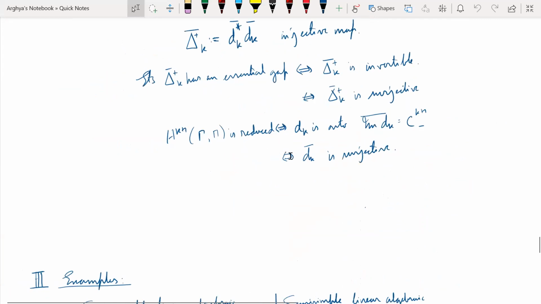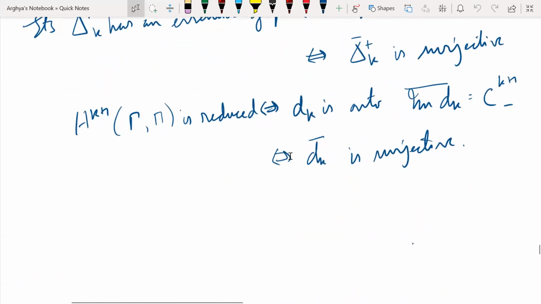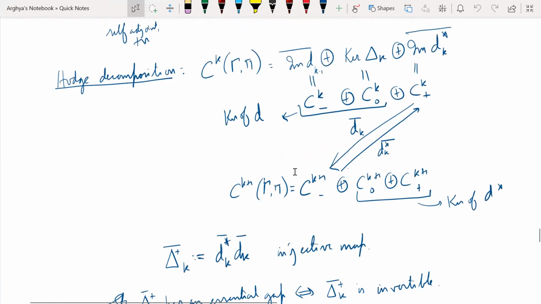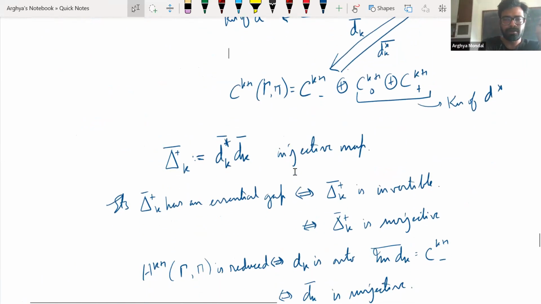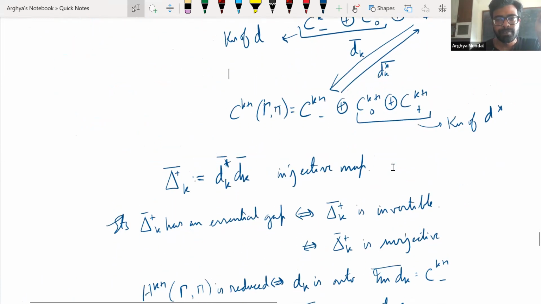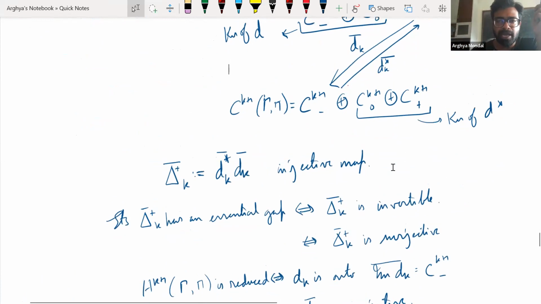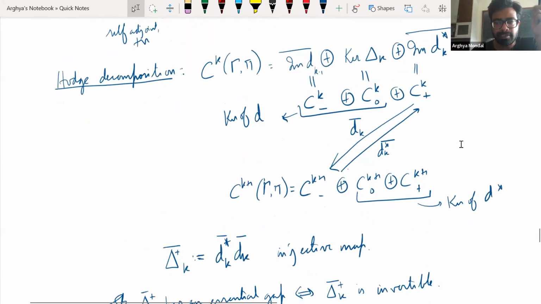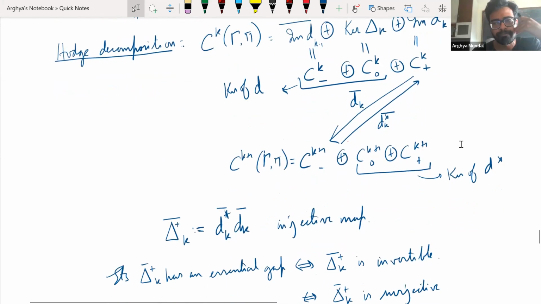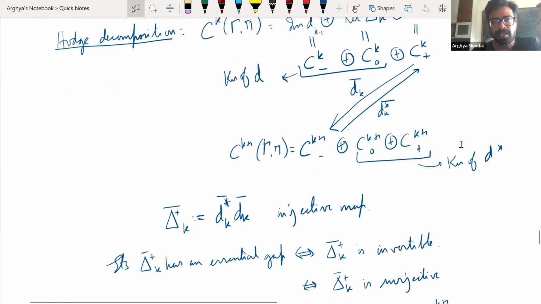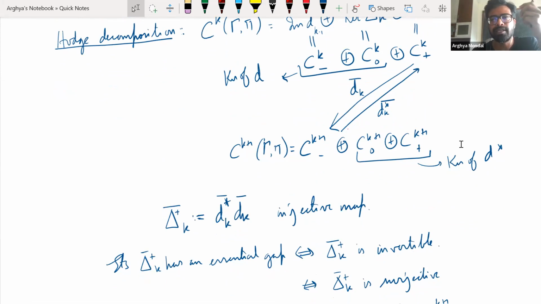Sorry. So I was saying, I looked at the Hodge decomposition, and then I looked at these maps dk bar and dk star bar, which are the coboundary maps and its adjoint, except that we are removing the kernels of those maps from the domain.